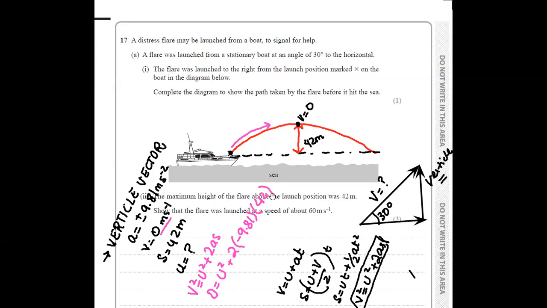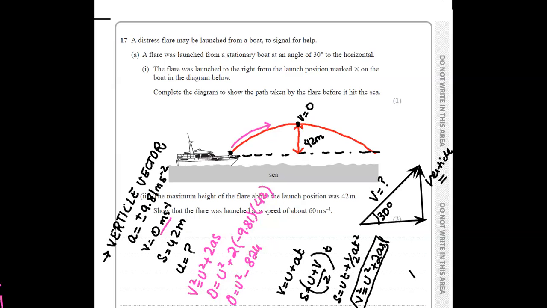So I will calculate for u square. When I take my 2, multiply it by 9.81 and multiply by 42, I get my answer as 824. So 0 is equal to u square minus 824, because the acceleration is negative.